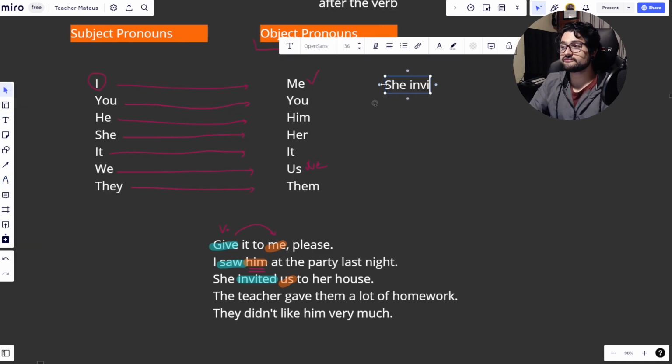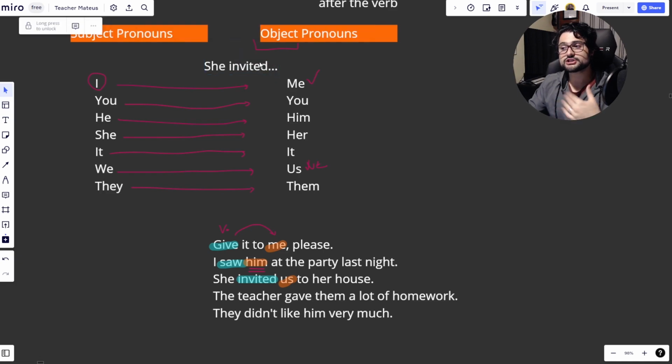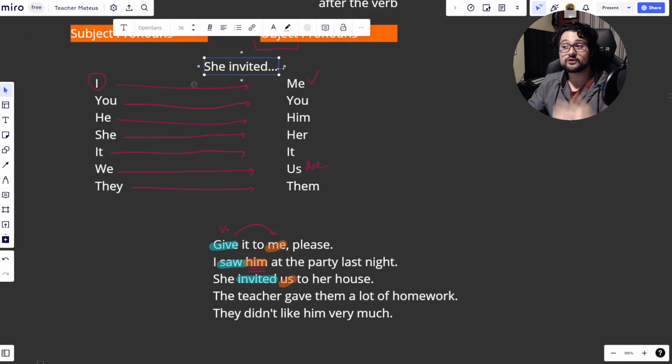Let's do this exercise of substituting all the object pronouns in this sentence. She invited, because invited is our verb. She invited me, she invited you, she invited him, she invited her, she invited it, she invited us, and she invited them. We could say he called.